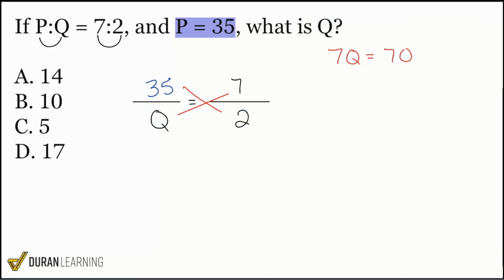Now, once we do that, we then divide. And when we divide by 7 on both sides, we end up getting, everybody, Q equals 10. Because on the left side, it cancels the 7. And on the right side, we have 70 divided by 7, and that's just going to be 10. So boom, we're good there, nice and easy.